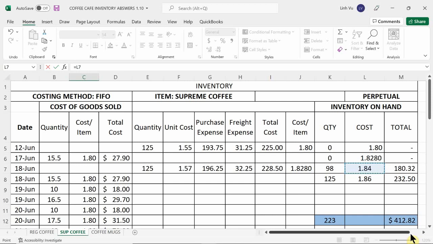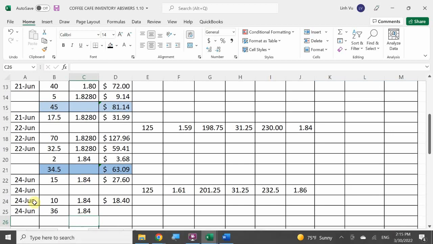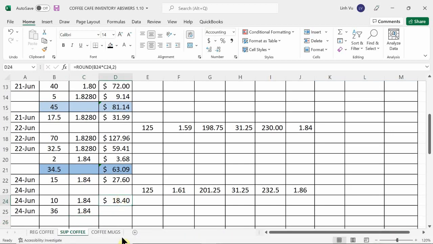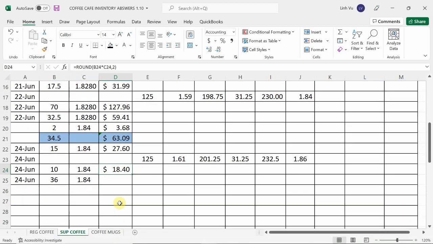Okay, 184. So what's going to be my total cost of goods sold here? $66.24.